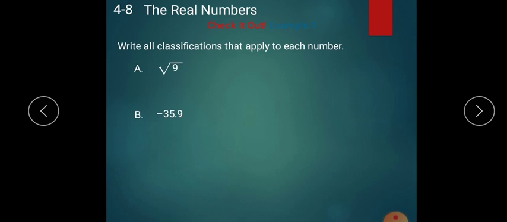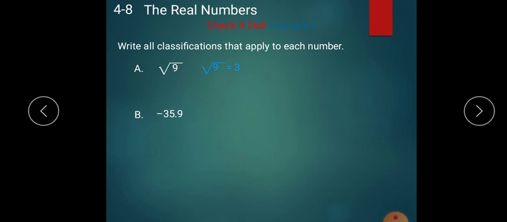Let us see some more examples. Root 9. 9 is a perfect square. 9 is 3 squared. So when there is a square number under the root, the square is cancelled with the root and ultimately we get the number.